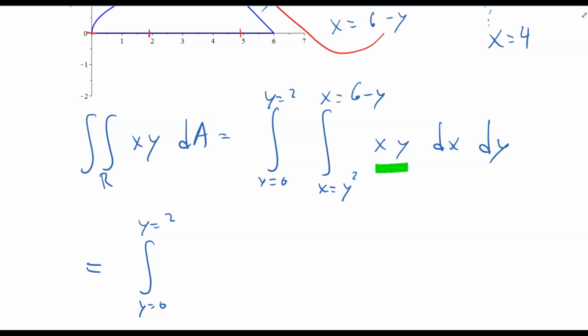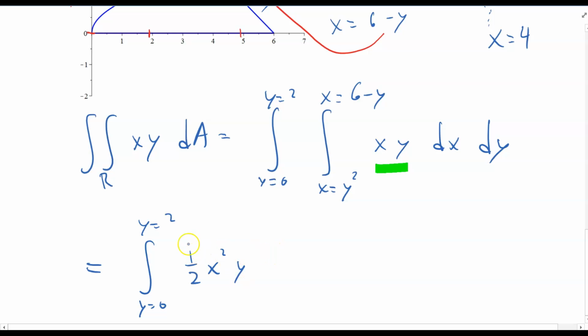We're going to treat y as a constant with respect to x. Remember, constant factors come along for the ride in doing derivatives and antiderivatives, so we're just going to leave the y there. The antiderivative of x is 1/2 x squared. And again, that constant factor of y is just going to come along for the ride here.